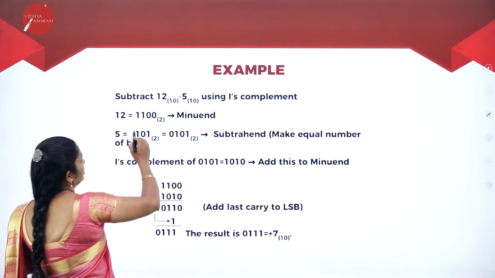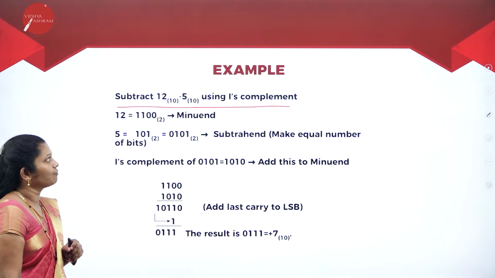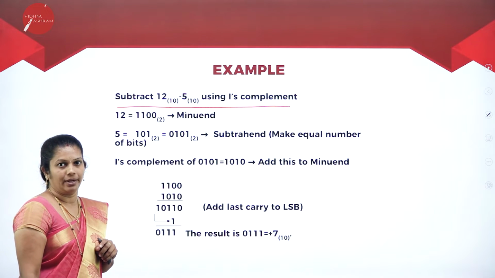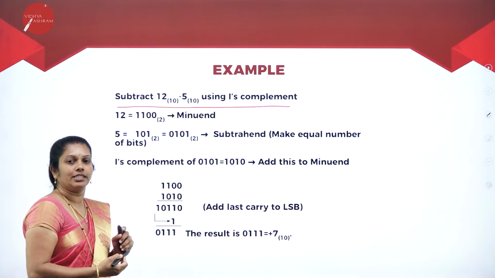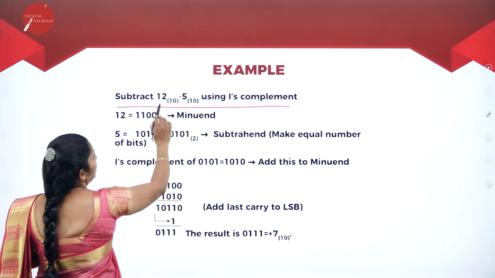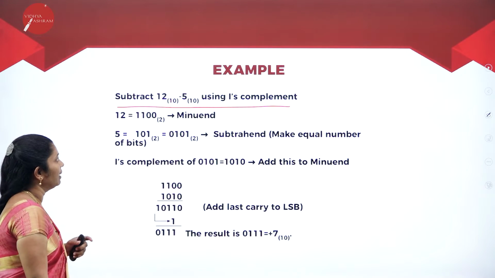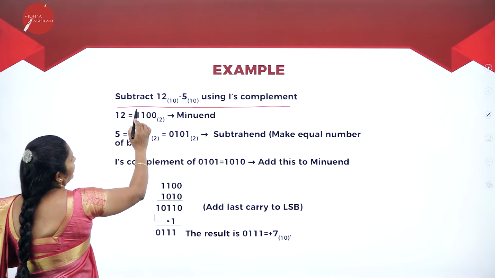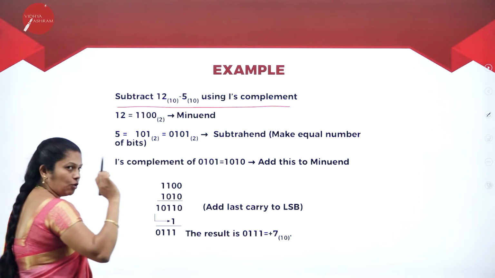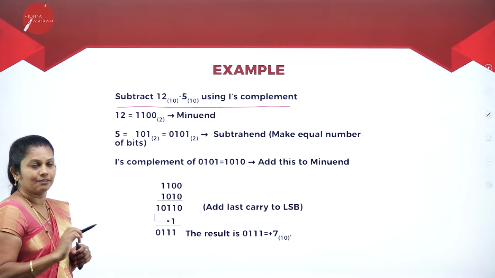Consider we have one problem: subtract 12 minus 5 using ones complement. This type of question in the exam you will get for 3 marks as well as for 5 marks. First step, you have to identify which is the numerator and which is the denominator.